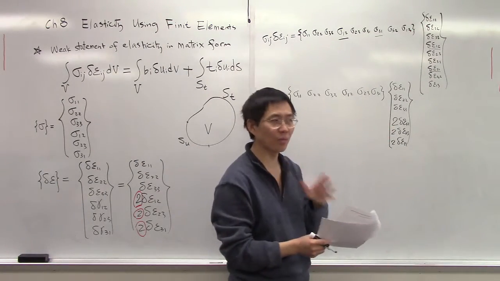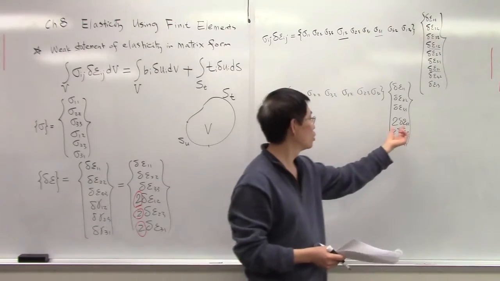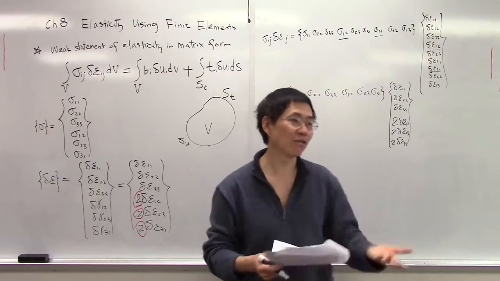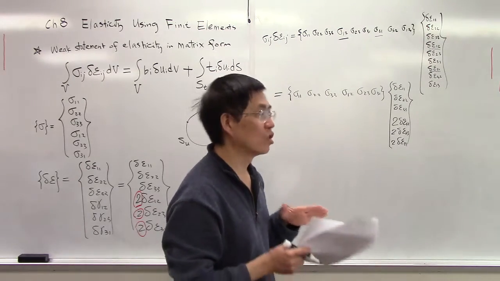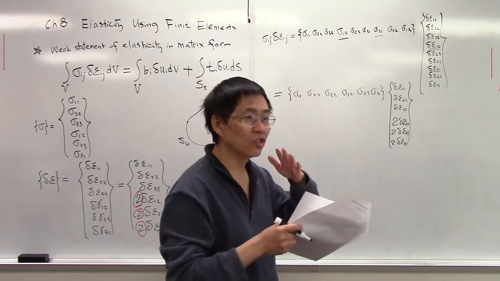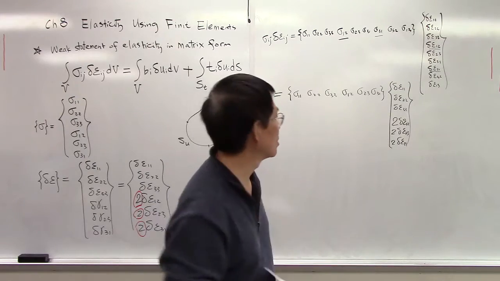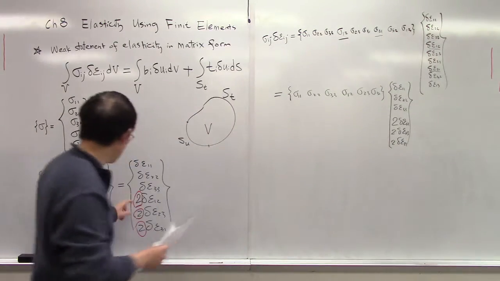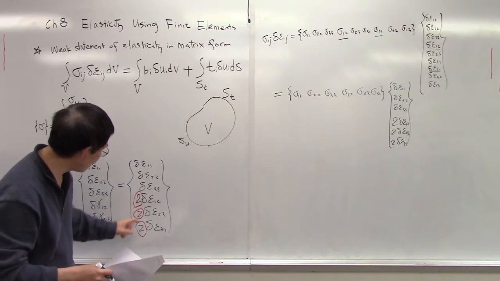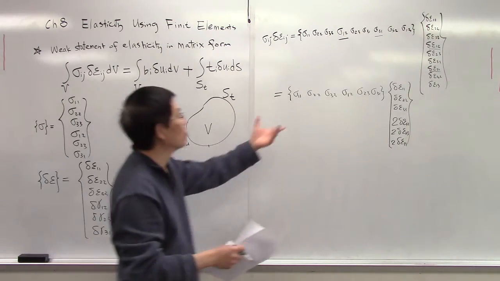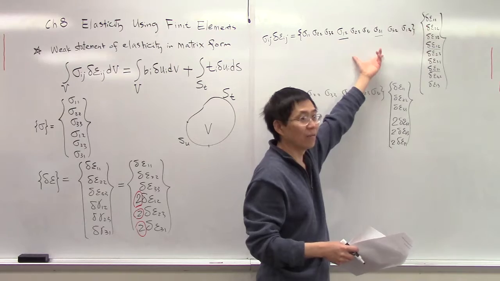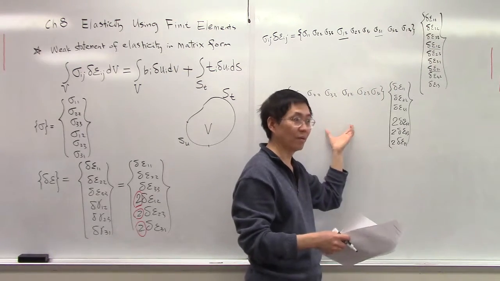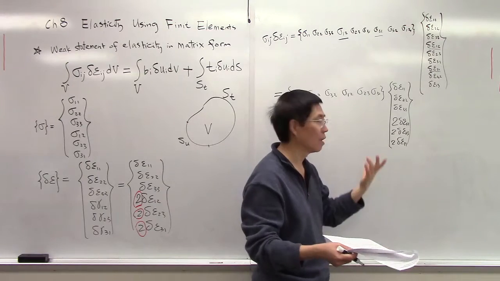And it also corresponds very nicely to the engineering shear strain, because physically, that's how it should be. The shear strain energy is shear stress times engineering shear strain. Okay. All right. So the reason there is a factor of 2 here is because we shorten a 9 component vector into a 6 component vector, making use of symmetry.